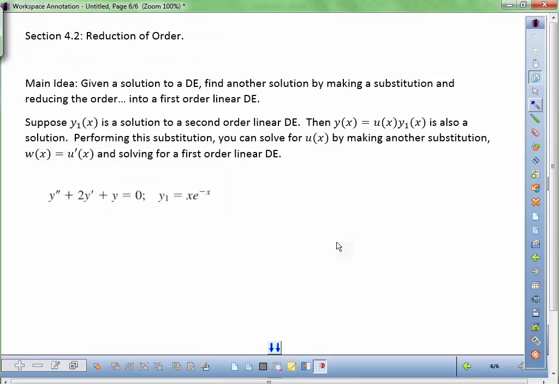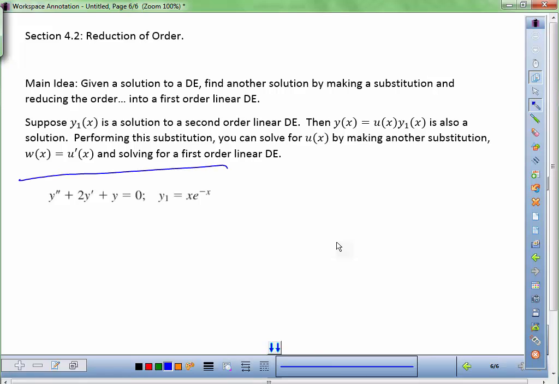So in our example here, we have a differential equation, and we're assuming that we know one solution to this differential equation. We just still don't know how they got this. But let's just say we got this somehow. We got a solution, and let's see if we can find one more solution.